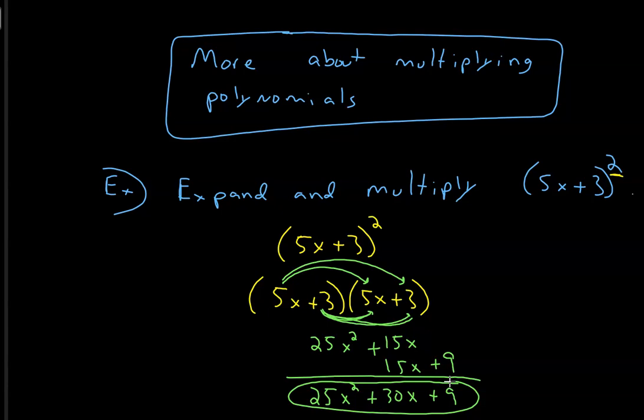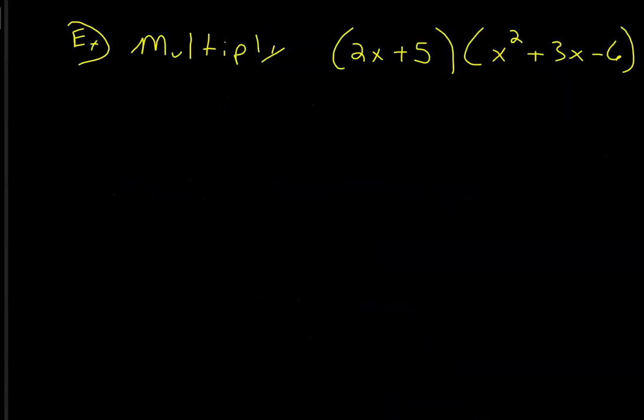I got another one. Here's a new example. It says multiply this binomial times this trinomial, right? So if we're going to do that, we've got to use the distributive property. Basically FOILing, but it's more than just FOILing because you've got 3 terms on the right side. So we're going to distribute that. You're basically going to take the 2x and distribute to each term: the first term, the second term, and the third term.